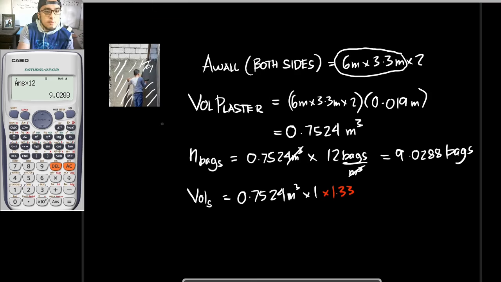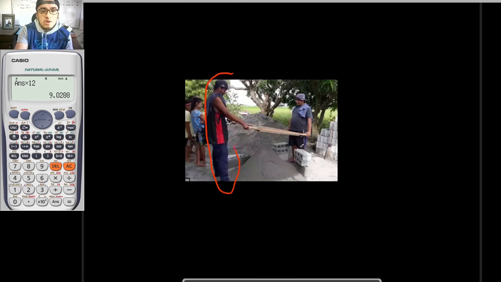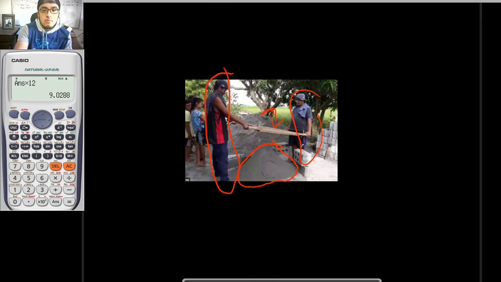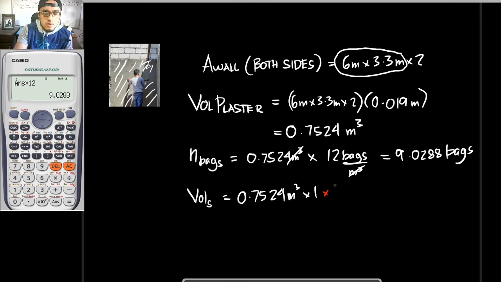Why do we increase by 1.33 in plastering but not in mortar earlier? Because in construction sites, the workers are sieving the sand so that it would be fine sand only. If you order sand, there are impurities: gravel, large grains, small stones. The volume you order must account for this 33%, which covers those impurities.